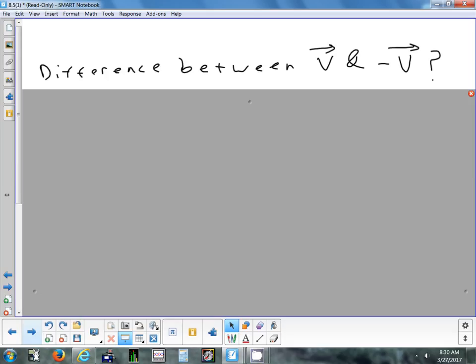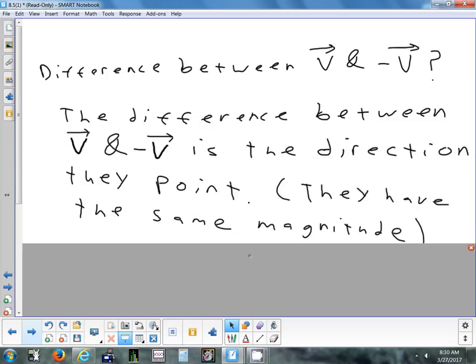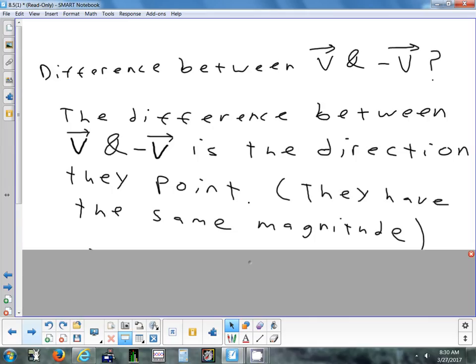Negative v goes in the opposite direction. It could be left and right, up and down, a lot of different things. But the point is the direction they point. They have exactly the same magnitude, but they point in opposite directions.